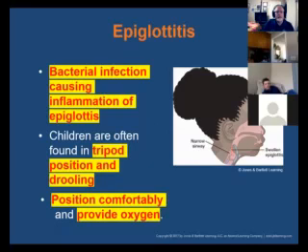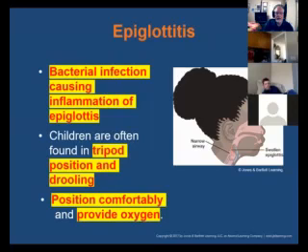Epiglottitis is a bacterial infection that just nails the epiglottis. Remember I showed you a picture of that, from a laryngoscope, sorry, from somebody taking the laryngoscope and going down and recording what those structures look like there.